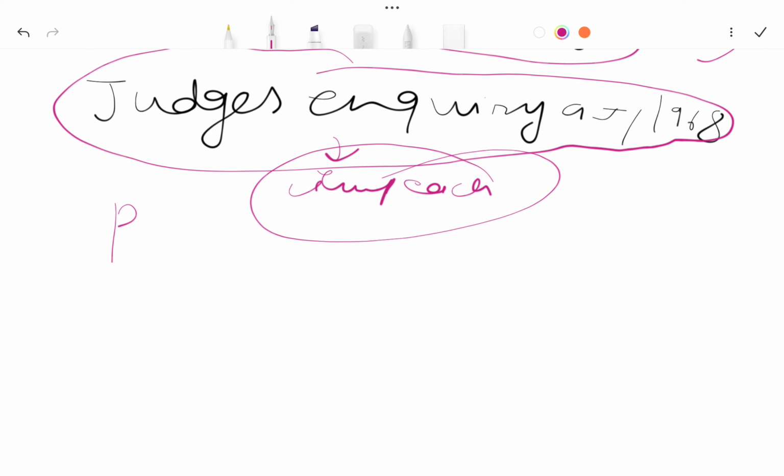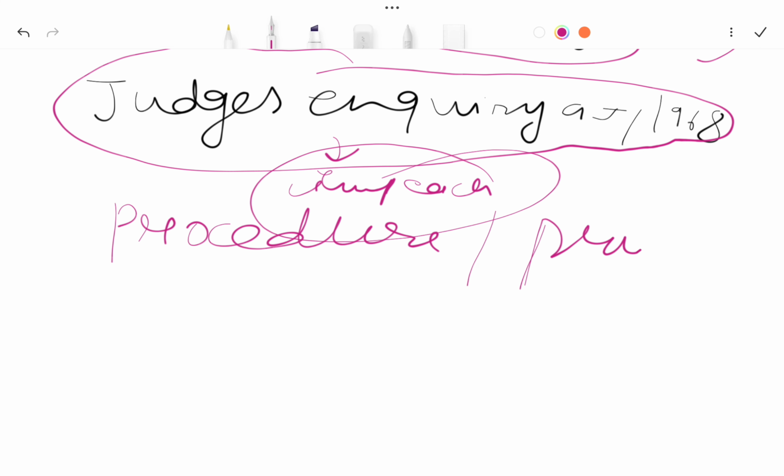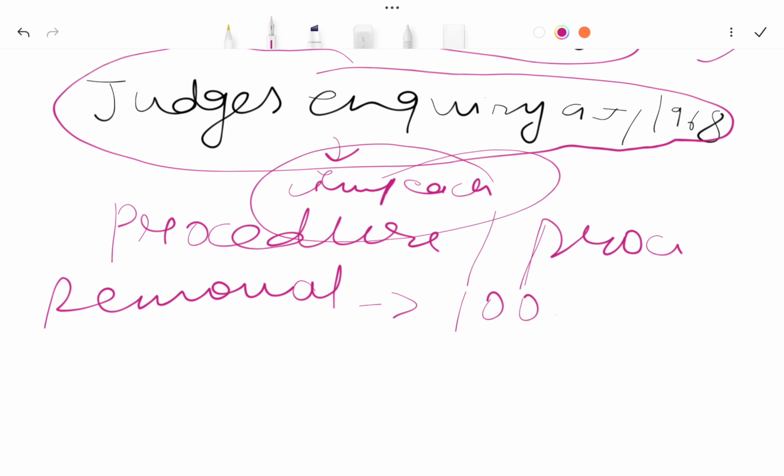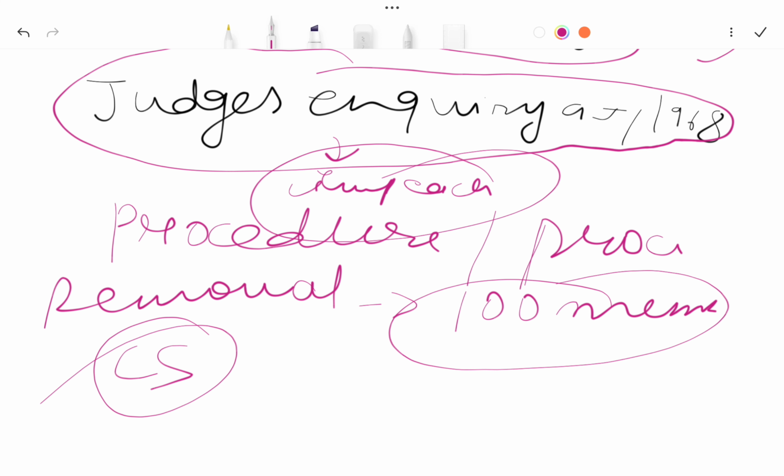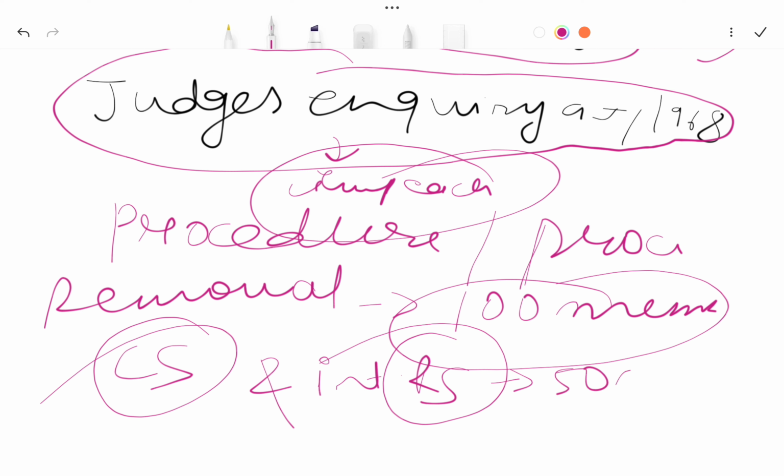Now let us discuss the procedure of removal. At first there is a removal motion, and it has to be signed by 100 members if it is introduced in Lok Sabha, and if it is introduced in Rajya Sabha, then it has to be signed by 50 members.